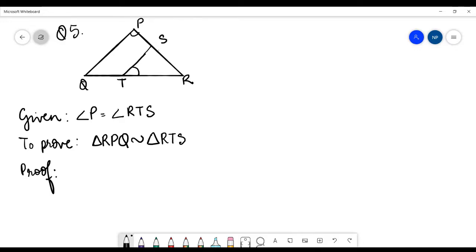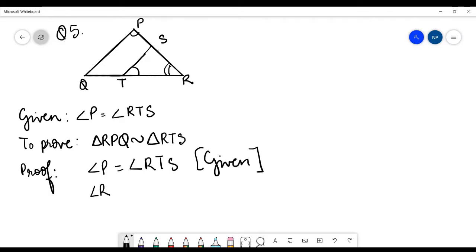So in the proof we are going to write that angle P is equal to angle RTS, that is given. Also, we have one common angle in both the triangles, that is angle R. Angle R equals angle R, we are going to write over here common. Then you can see that the two angles are equal.